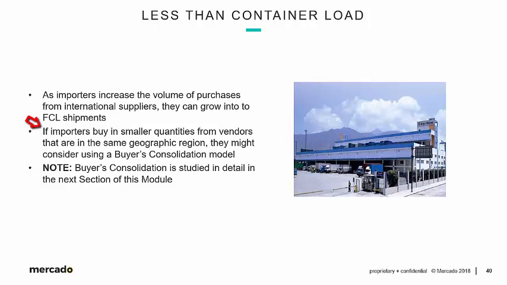If importers buy in smaller quantities from vendors that are in the same geographic region, we spoke of this a few slides back, they might consider using a buyer's consolidation model, which we're going to jump into very shortly. As a note, buyer's consol is studied in detail in the next section of this module. Buyer's consol is a big deal, as is transload, which we'll cover in the section after buyer's consol. So do come back as quickly as you can.